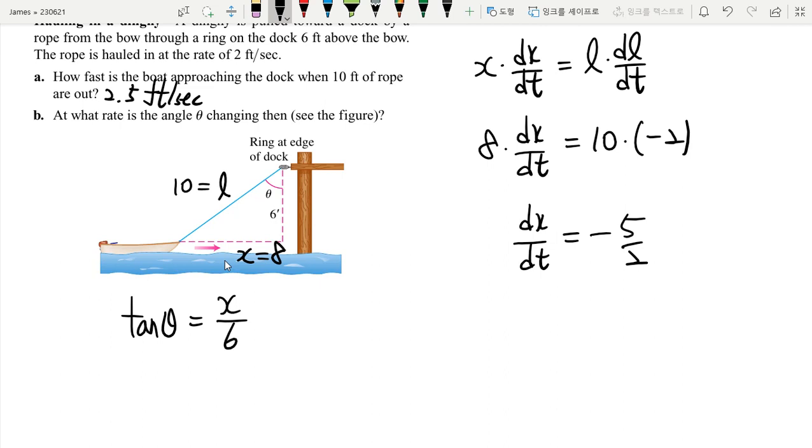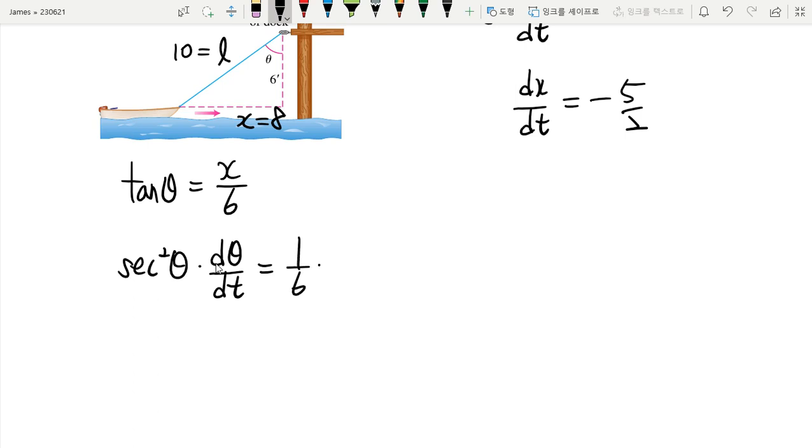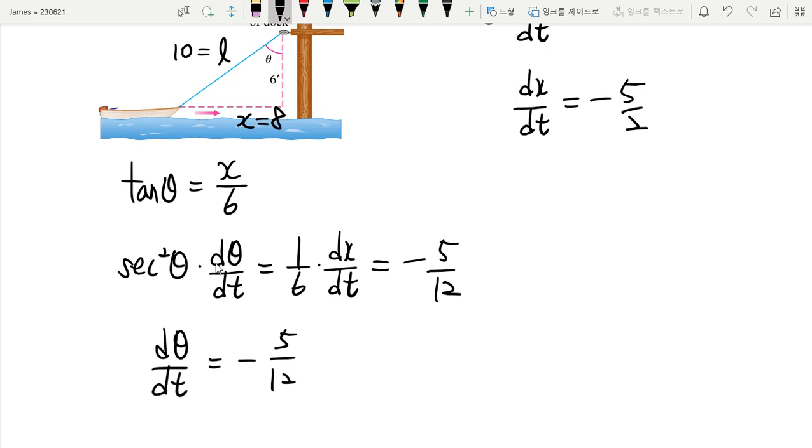If we differentiate this equation, do you know the derivative of tangent theta? The derivative of tangent theta is secant squared. And we know dx over dt is minus 5 over 2. So if we use the values, d theta over dt is equal to, because secant is 1 over cosine, it becomes cosine when it goes to the other side.